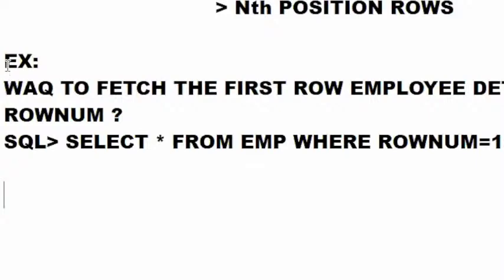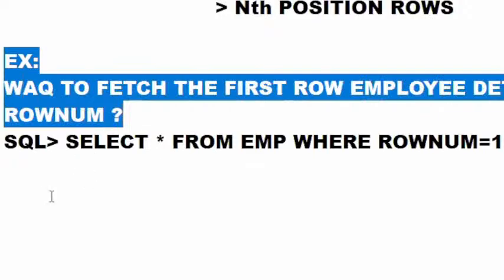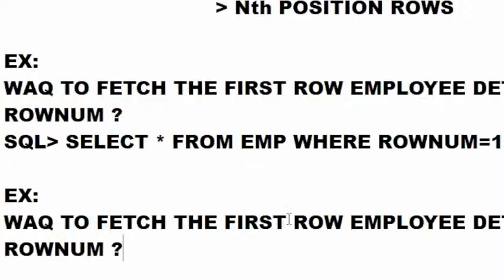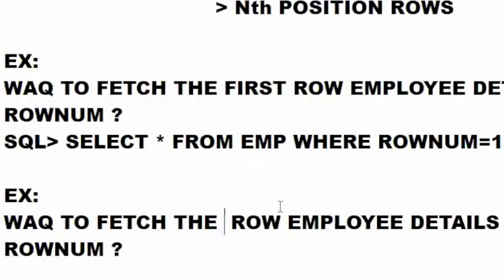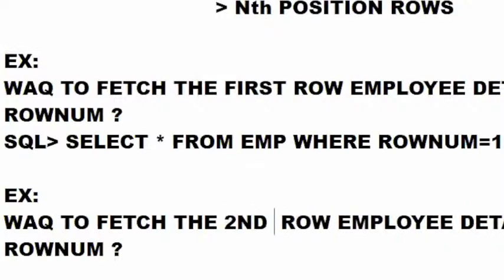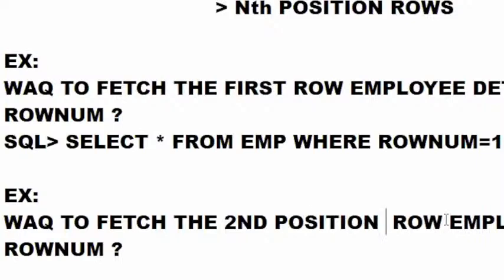And the next one: suppose I ask you to fetch the second position row from the EMP table by using row num.